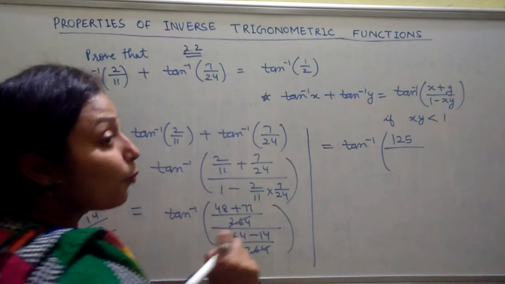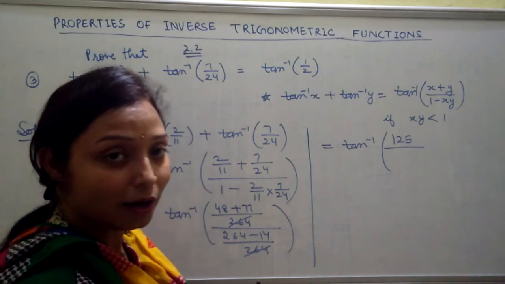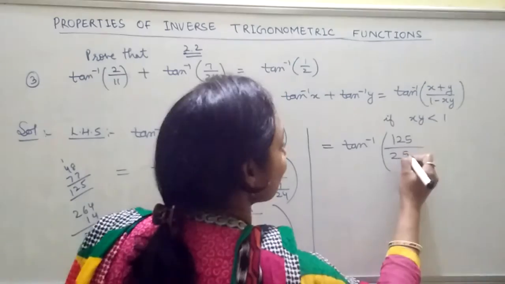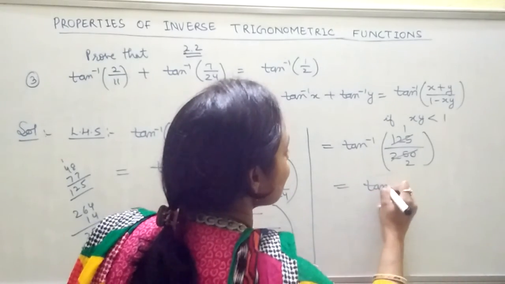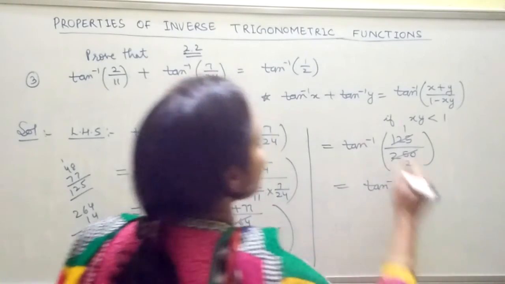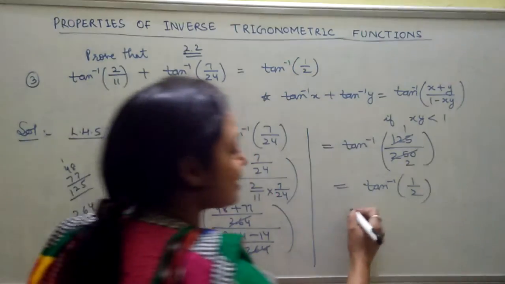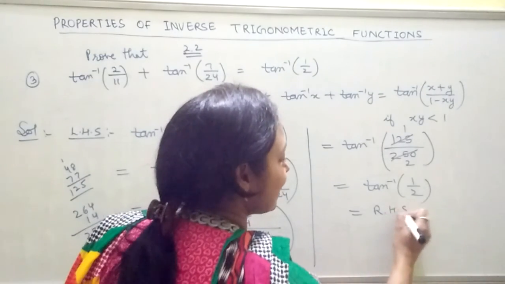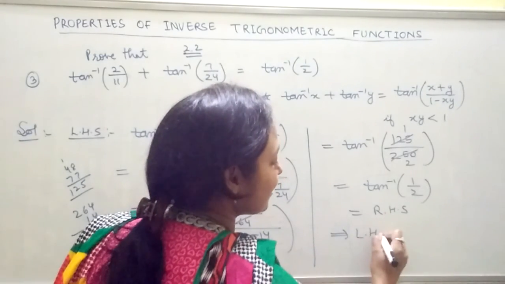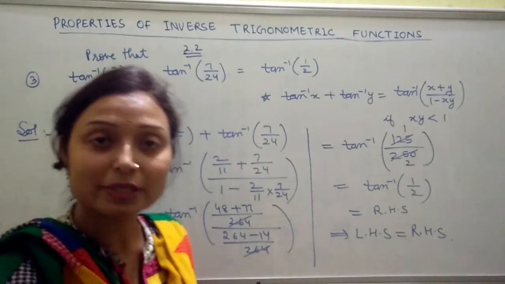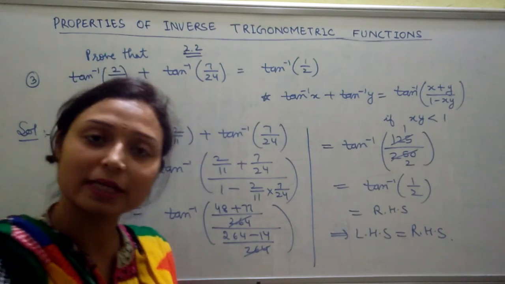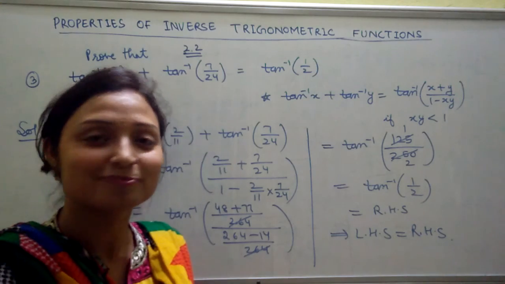Right? So 125 twos are 250, this is tan inverse 1 by 2, which we wanted to prove. This is your right hand side. So this implies left hand side equals right hand side. This is the way to solve the question. Do more and more questions from your NCERT exercise 2.2. Thank you.